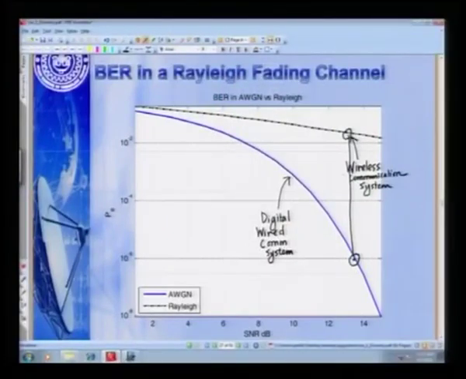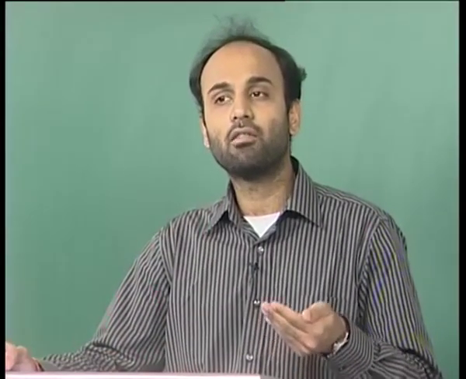So, that is essentially an idea, and look at how slowly this is decreasing with respect to SNR compared to the wired communication system, which decreases to 10 power minus 8 bit error rate at almost 14 dB. But at 14 dB, look at how high the bit error rate of a wireless communication system is. It is still greater than 10 power minus 2. All right. So, that is essentially the reason why the bit error rate of a wireless system is higher than a wired system.